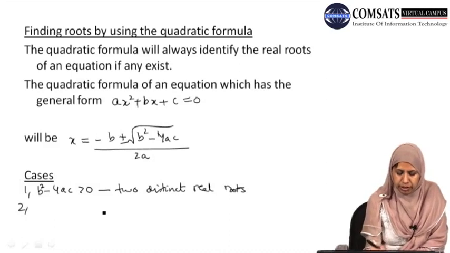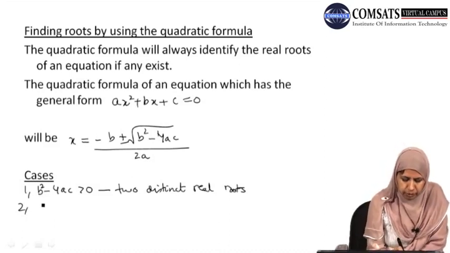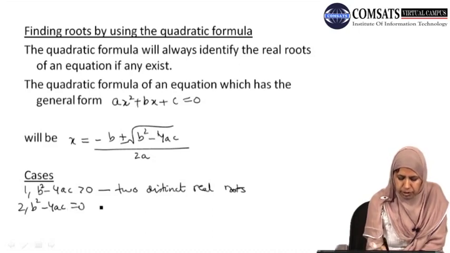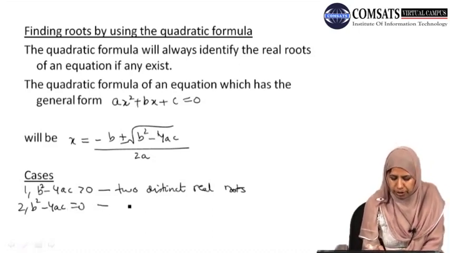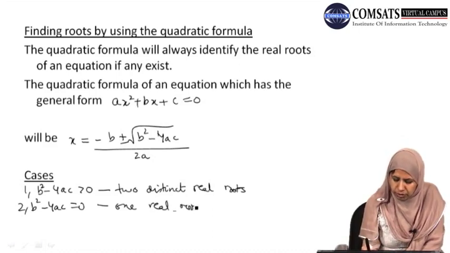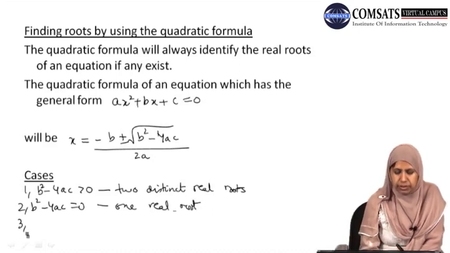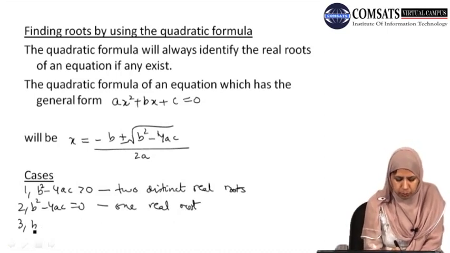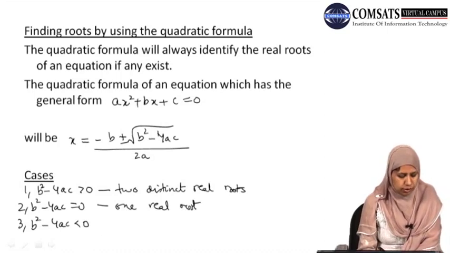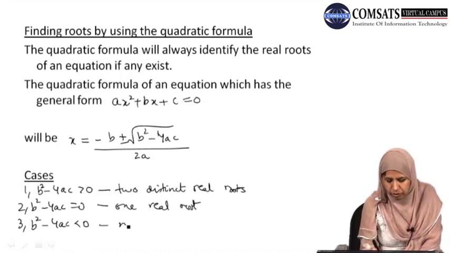The second case is when the term under the square root, b square minus 4ac, equals 0. We obtain one real root. And the third case is when the term under the square root is negative, that is less than 0, we obtain no real root.